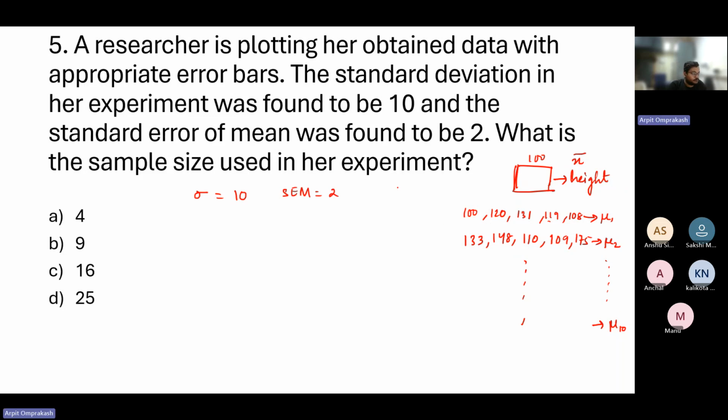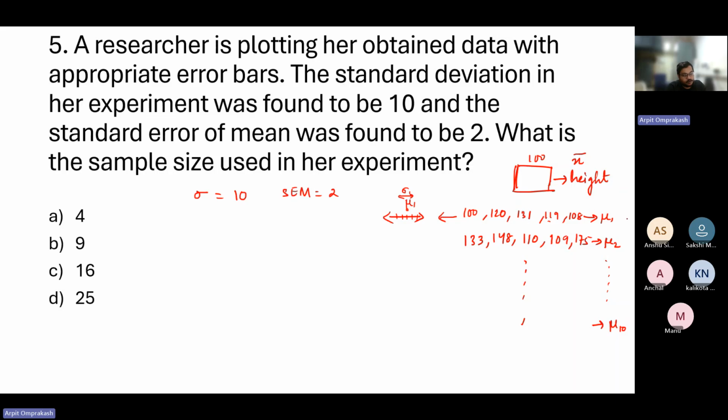Each of these individual samples we can plot on a number line, let's say. We can have the mean, which in this case is mu1, and a standard deviation around the mean, which is sigma 1 for this set of data.